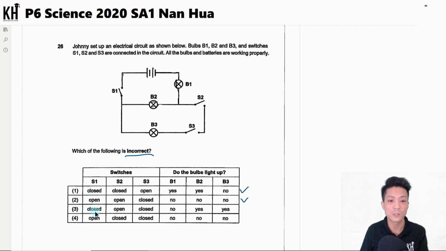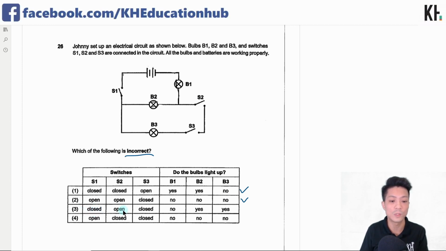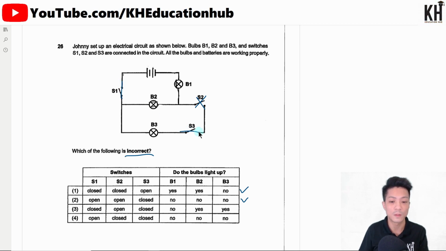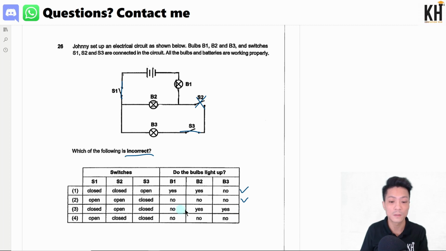Option 3, switch 1 is closed, switch 2 is open, and switch 3 is closed. So switch 2 is open. This is closed. Okay, so only B1 and B2 will light up. So this is wrong.